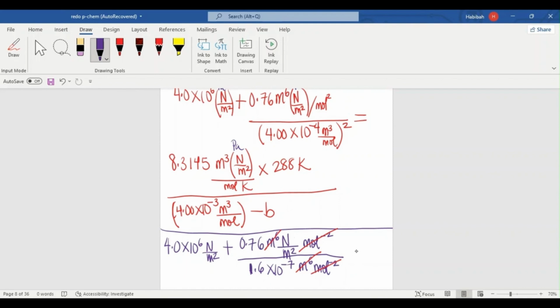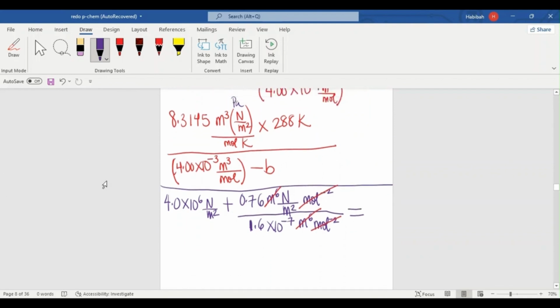So I'm just going to say equal to, let's go to the other side, 8.3145 meter cubed Newton per meter squared times 288 Kelvin. So I'm going to multiply this value and this value together, because of course we're trying to simplify our work.